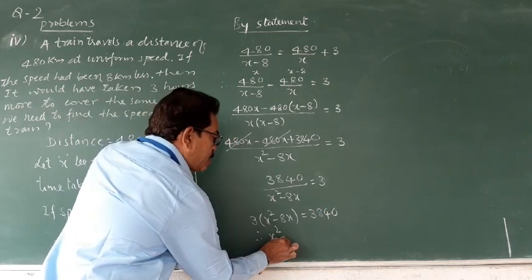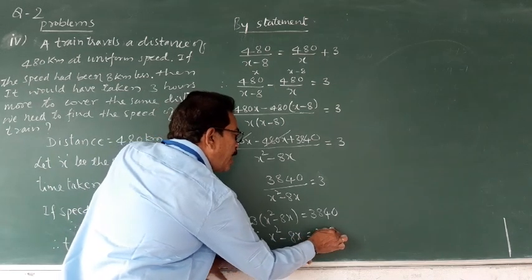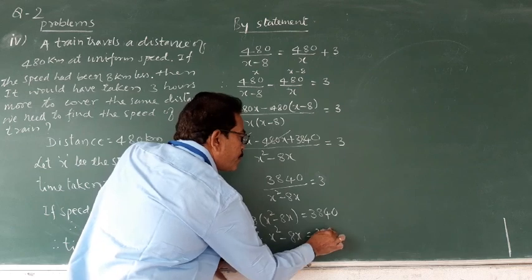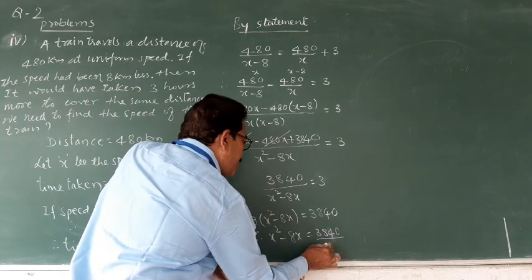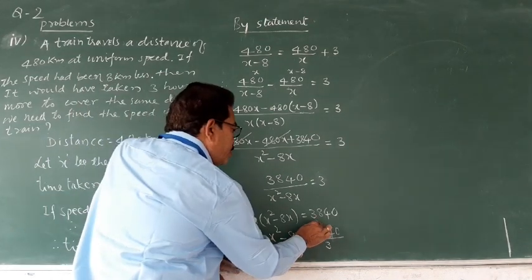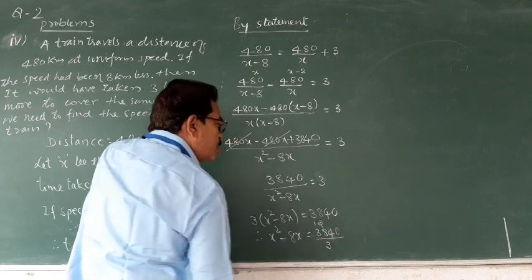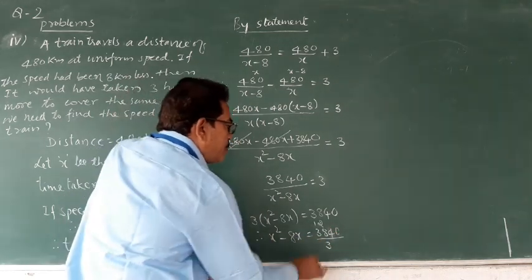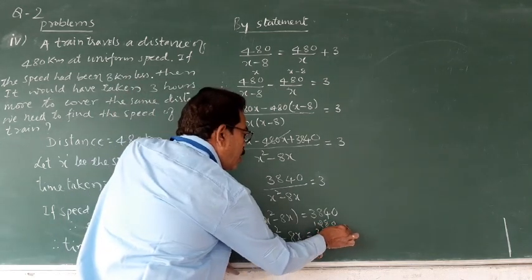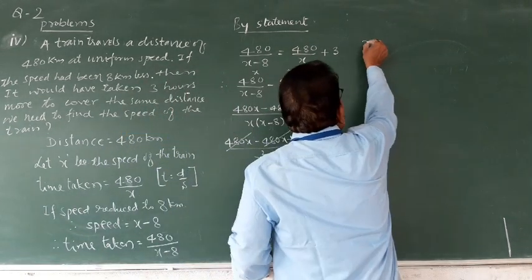Therefore x square minus 8x equals 3840 divided by 3. 3 ones are 3, 3 twos are 6, 3 eights are 24, so 1280.